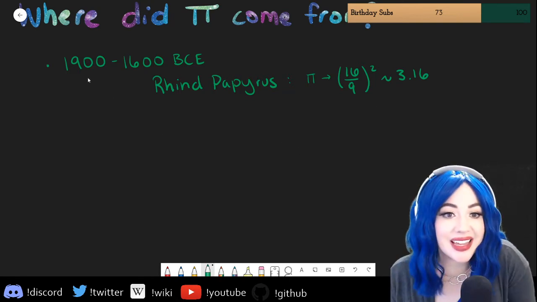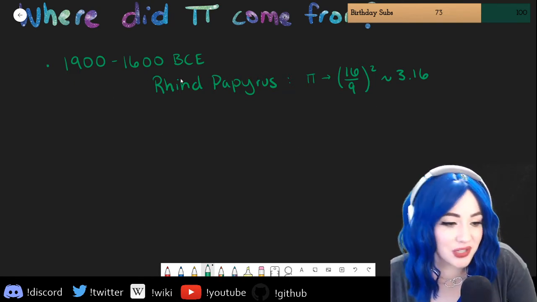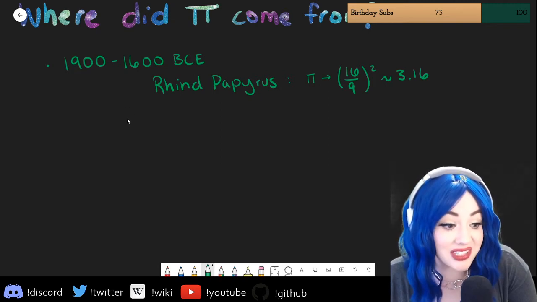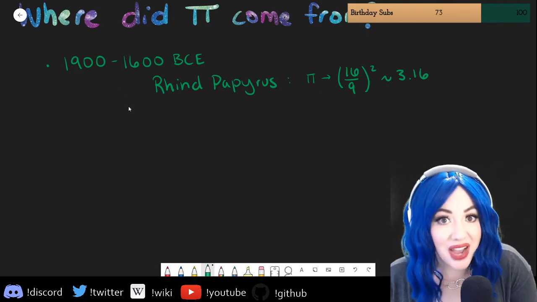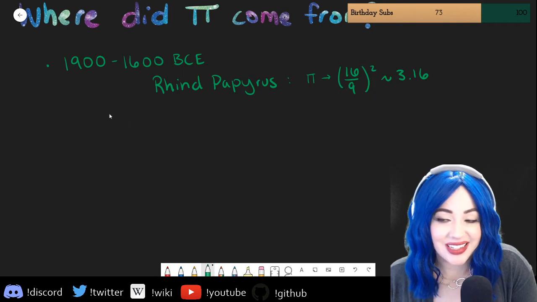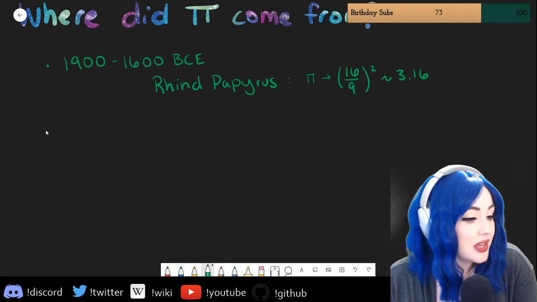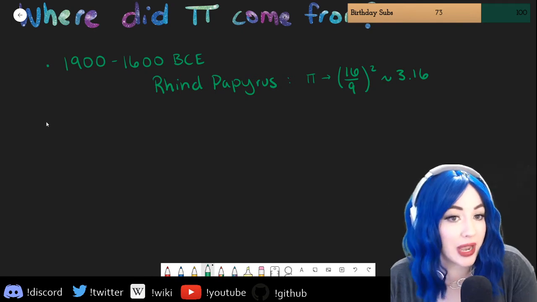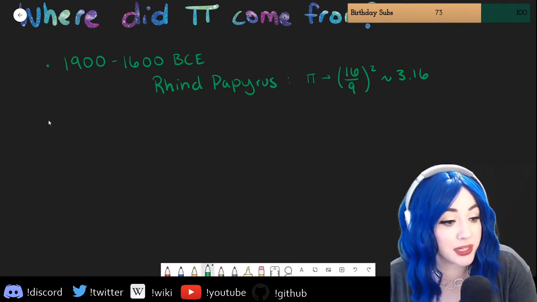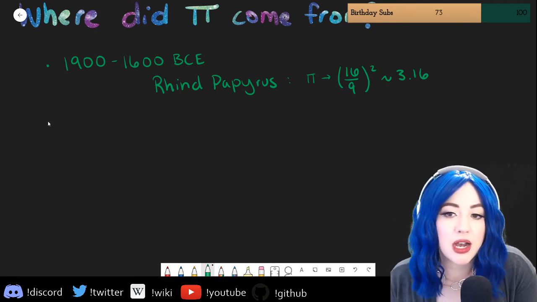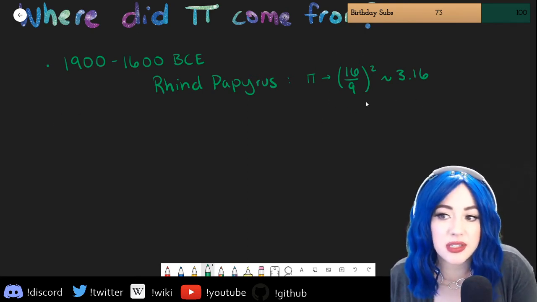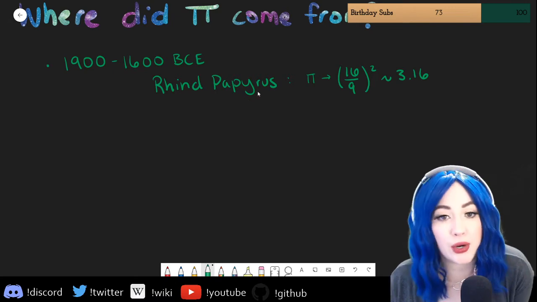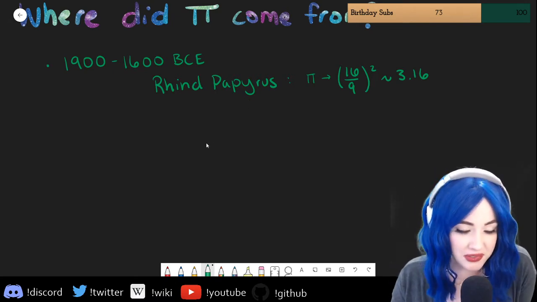So this is some of the earliest written history, and pi was there first. And yes, Abhishek, we talked about earlier that you can have a rational approximation for pi that is 22/7. But I'm talking historically speaking, this is some of the earliest written record for pi and values of pi.